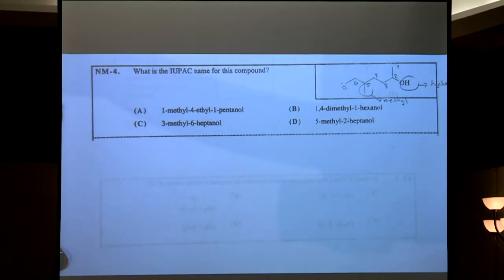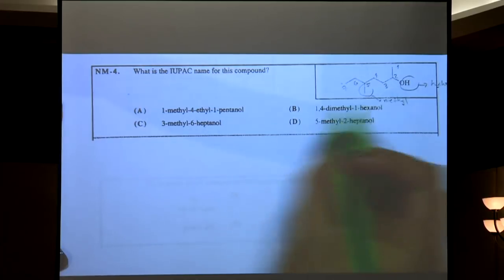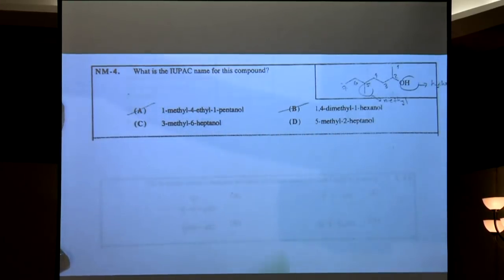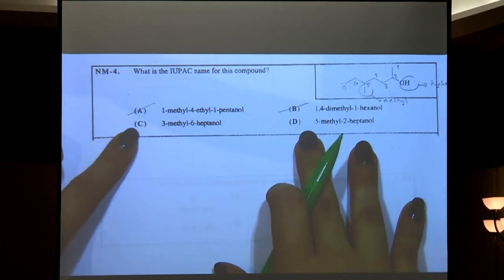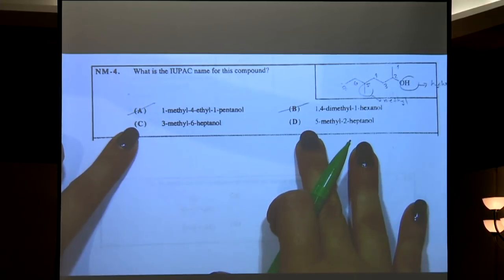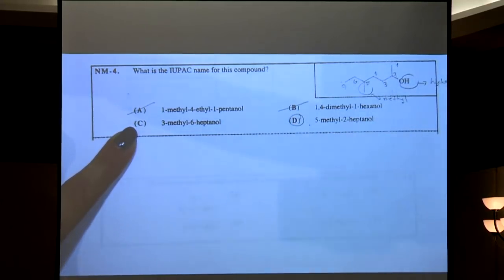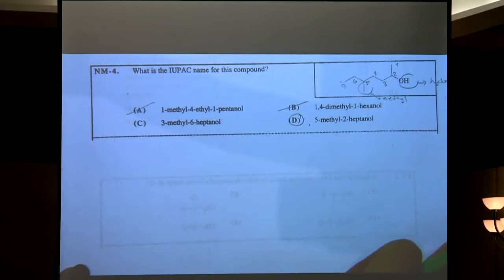Our biggest chain is how many carbons? 7. So it should end in what? Heptanol, because we have an alcohol. So we can automatically discard these two. We have C and D. Between C and D, which answer is correct? D. Does anyone have any questions about this? Easy so far?